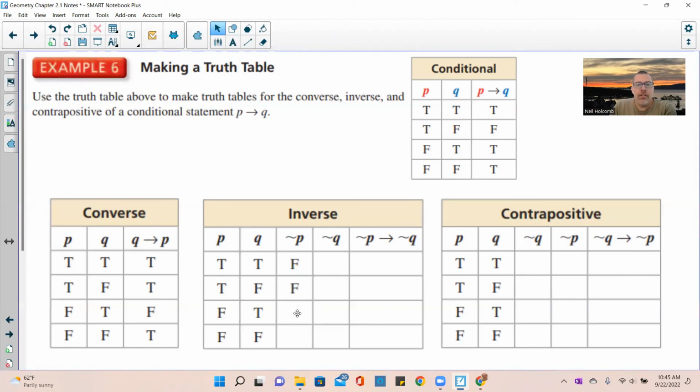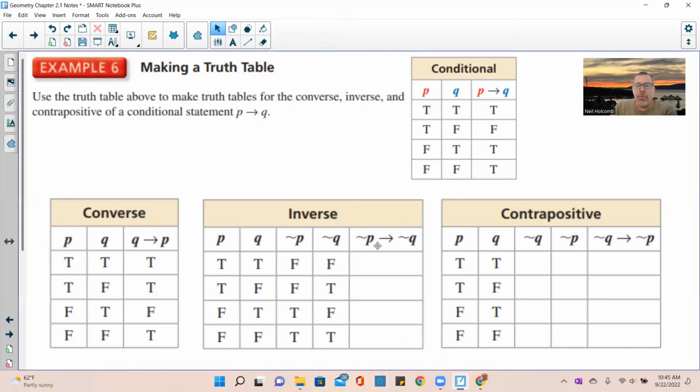If P was false, not P would be true. And the same goes for Q. If Q is true, not Q is false. If Q is false, not Q is true.